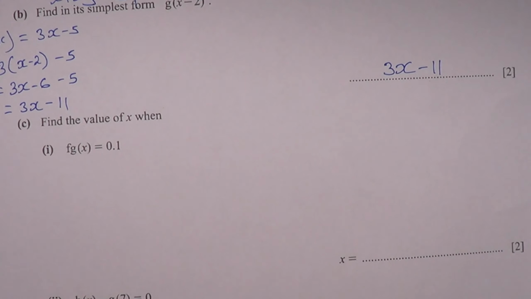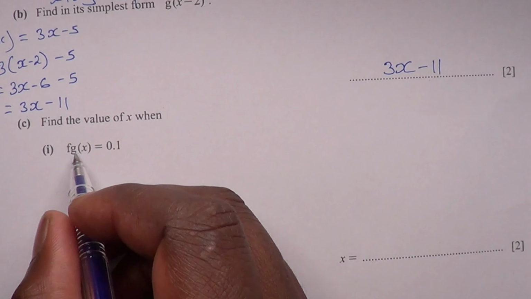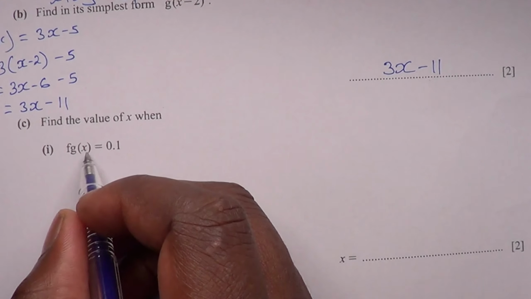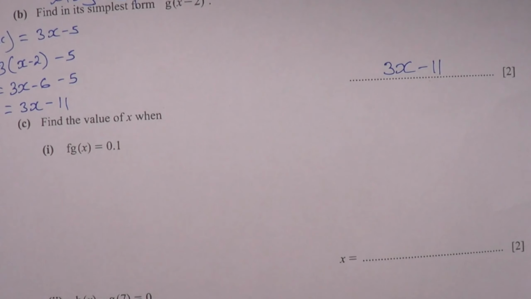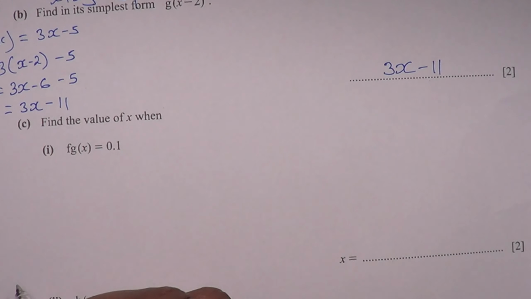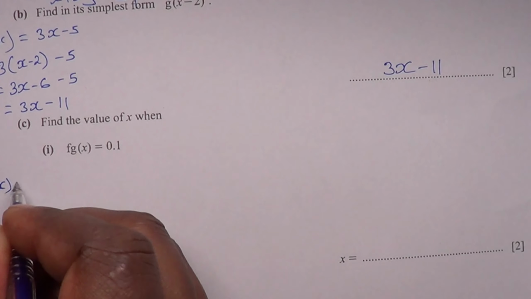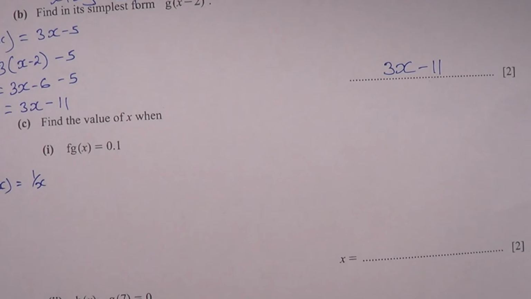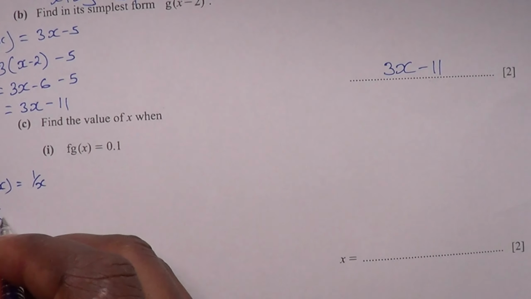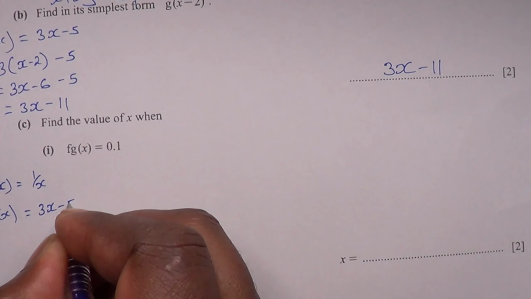Okay, then the next one we are given here is a composite function, fg of x equals 0.1. The first thing you do here is, remember f of x we were told is 1 over x, then g of x is 3x minus 5.